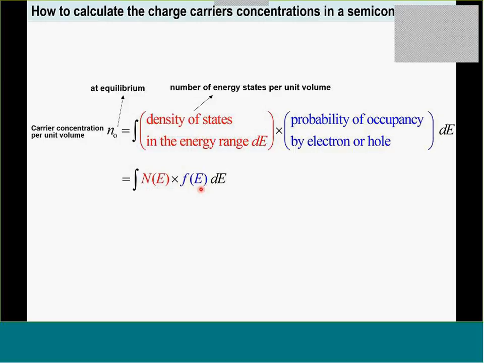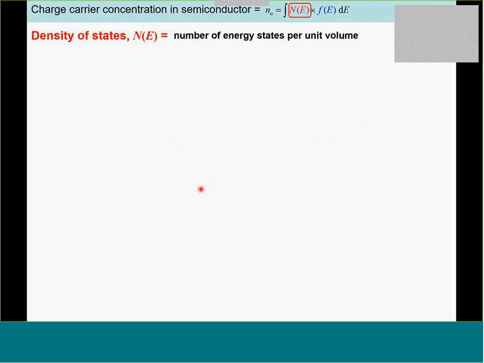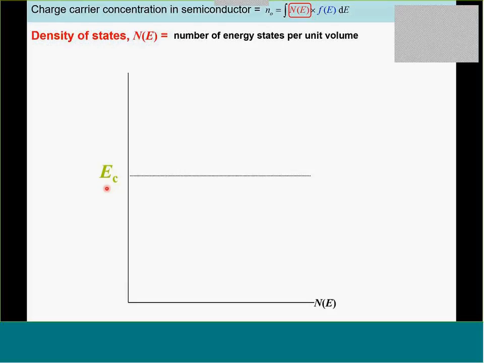Okay, now let's look at how it actually is in terms of the energy band diagram. Let's say we have our density of states on the x-axis, and that's our conduction band edge, E sub C. We know that the energy of the electron increases as we go higher along the y-axis.